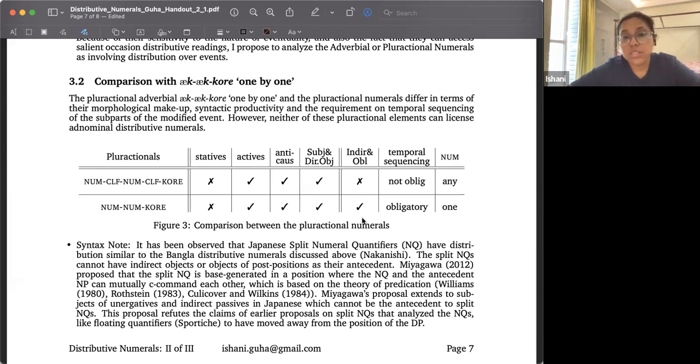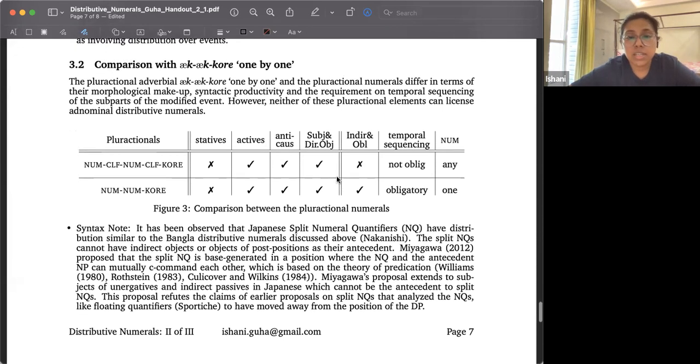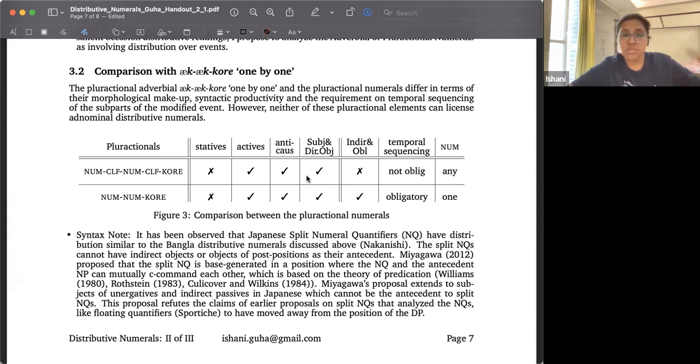The important distinction comes here. Dujon kore or ekta kore, these forms are good with subject and direct object, and so is Aket Kore, but these adverbial numeral forms, dujon kore, ekta kore, are not good with indirect objects, oblique objects at all.